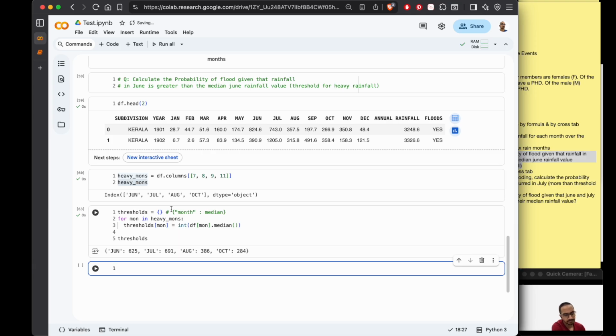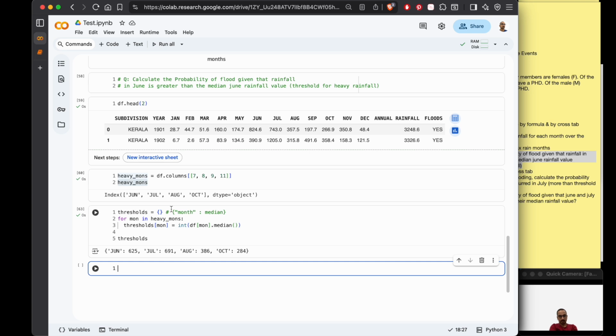Now what we have to do is, so we have our thresholds.